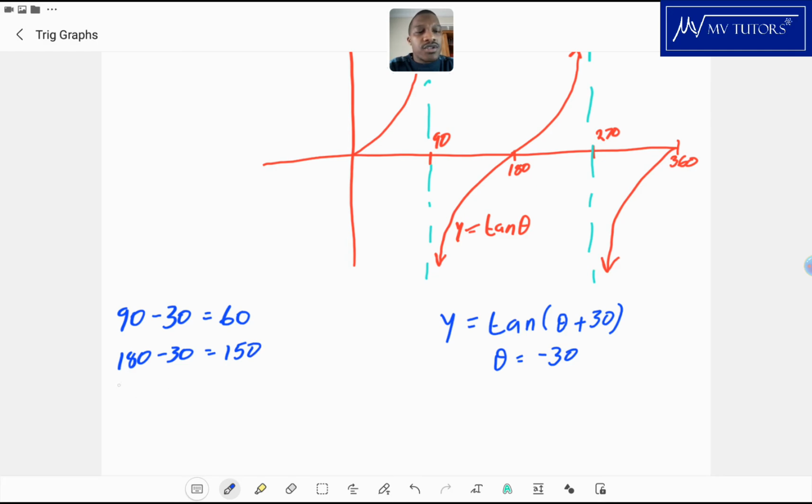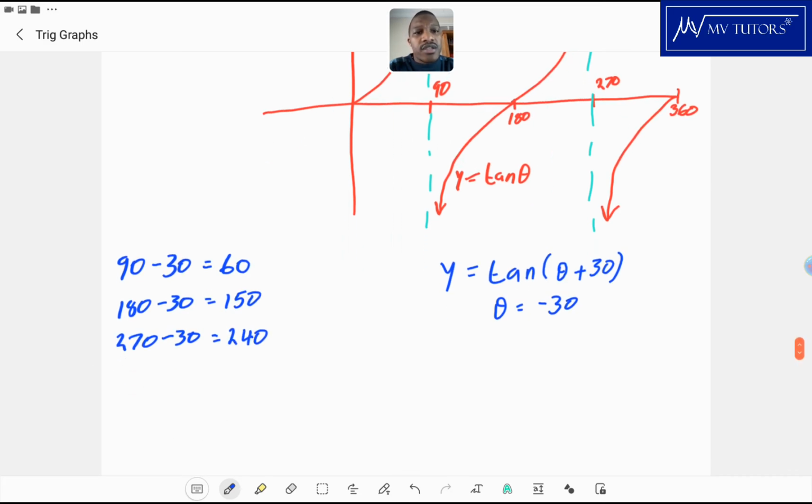The next one is 270 minus 30, which is 240. And then the last one is 360 minus 30, which is 330.